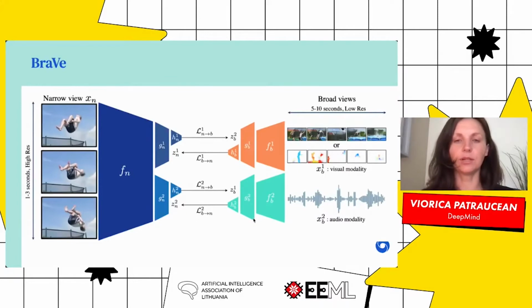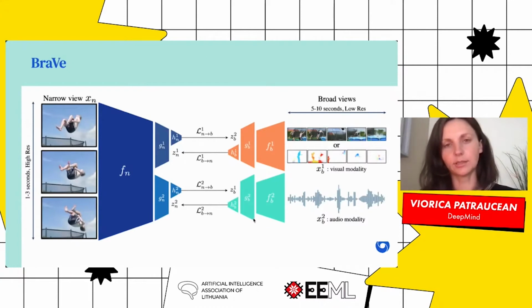The narrow view covers less temporal or spatial field, but has a higher resolution, whereas the broad view covers a larger view of the video, but at a lower resolution. And then we force each branch to predict the representation of the other branch.